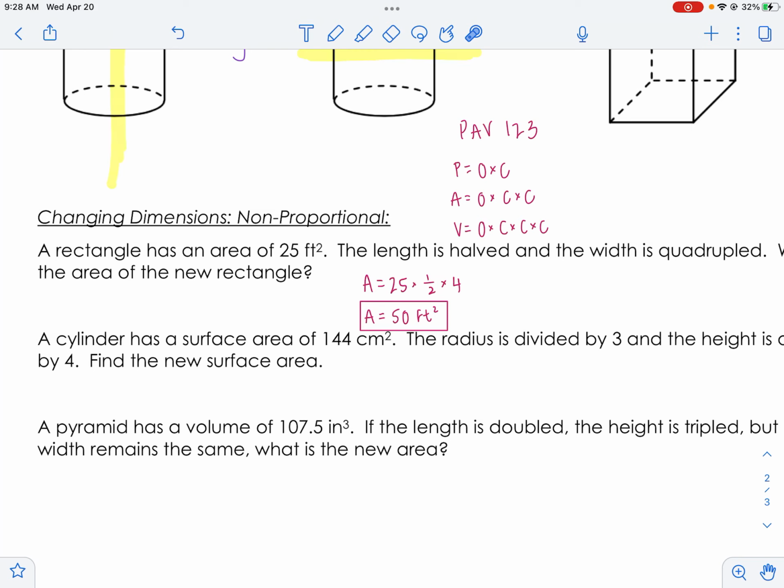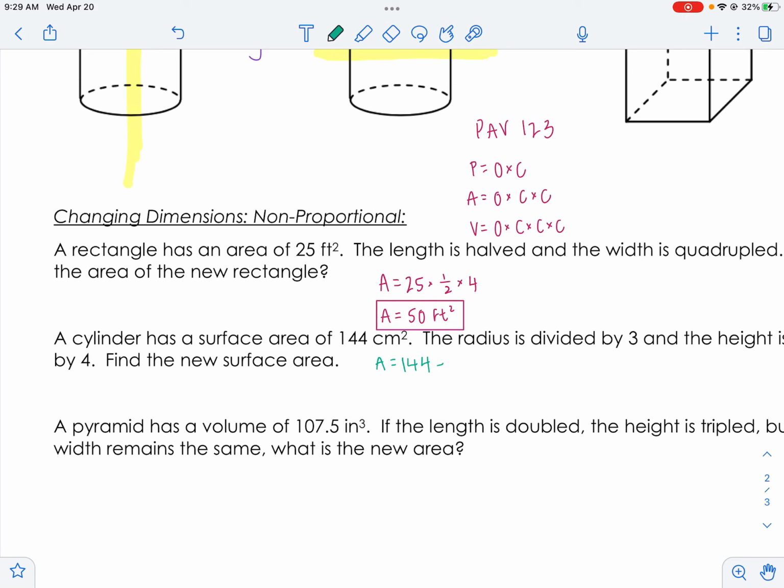So taking a look at a cylinder, now I have a 3D shape that has a surface area of 144 centimeters squared. Well, the height is divided by 3, the radius is divided by 3, and the height is divided by 4. Find the new surface area. So once again, going back to area, my original surface area is 144.